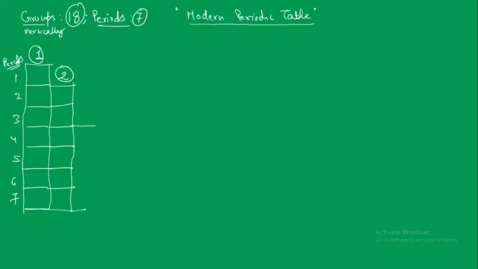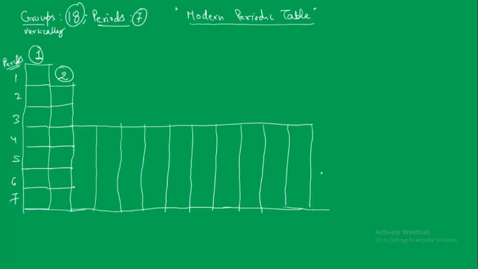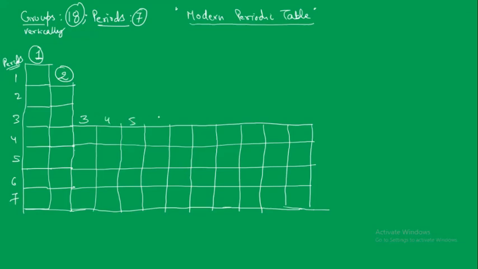Then we will be making 10 vertical lines or 10 groups. 1, 2, 3, 4, 5, 6, 7, 8, 9, 10, 11, 12. So we have got 12 groups.